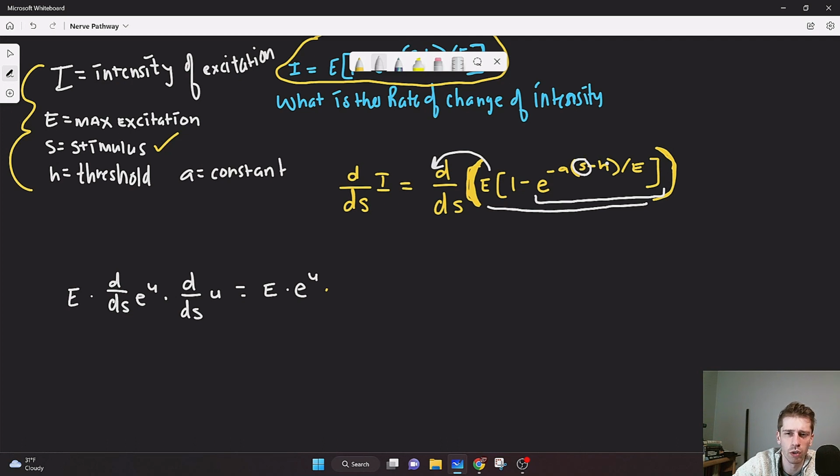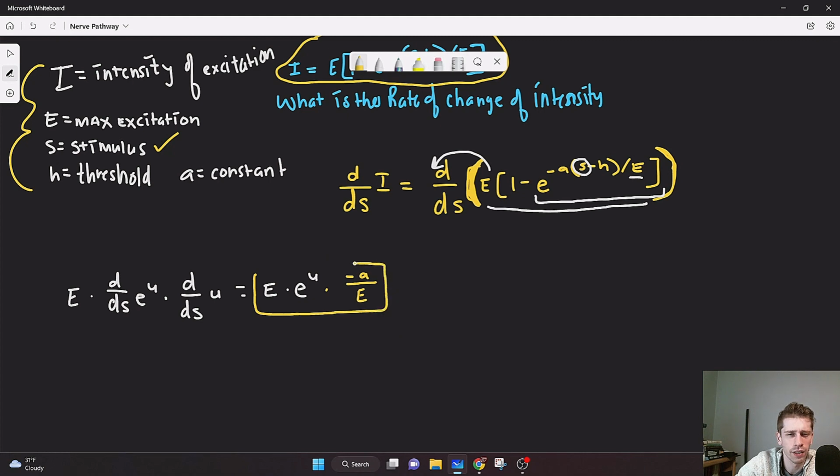And so you really just get 1 over our capital E, and so this is really times negative a over capital E. And this is our derivative.